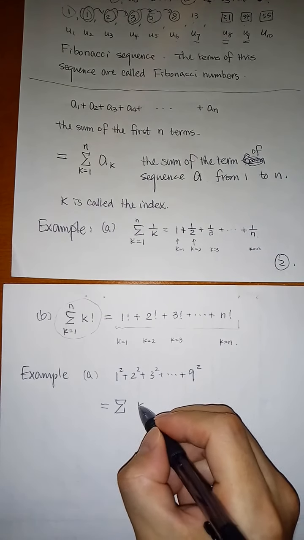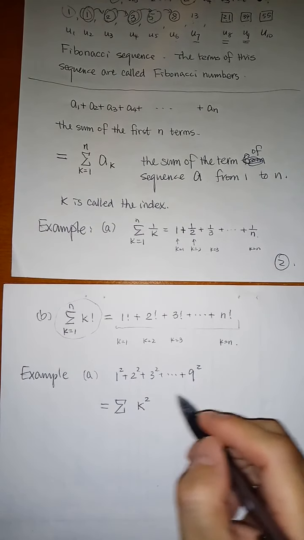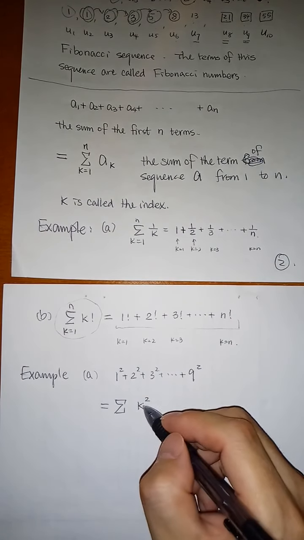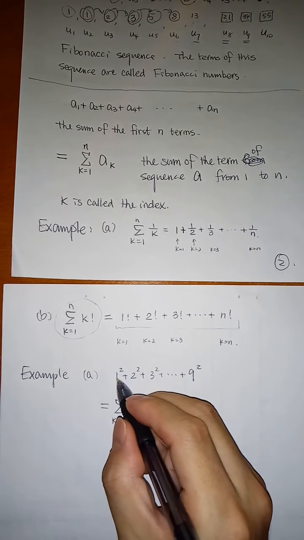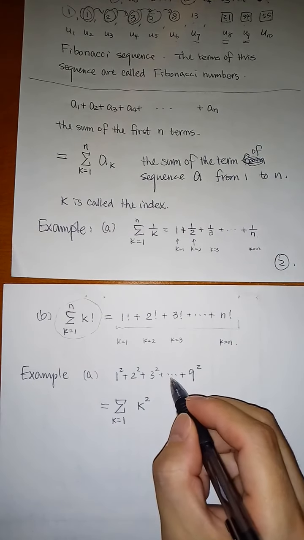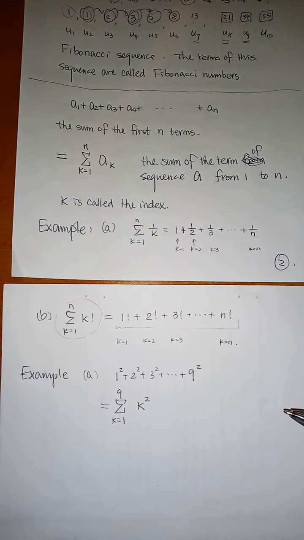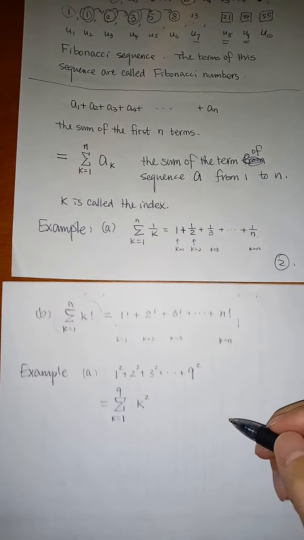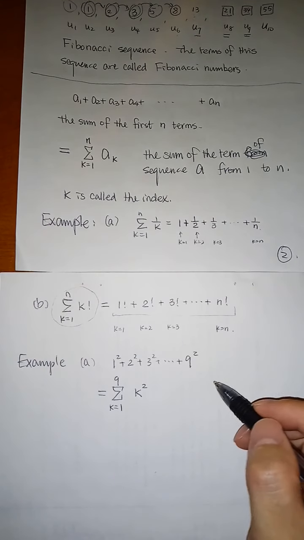So it looks like you square k. 1 square, 2 square, 3 square, 9 square. You square k. And k starts from 1, the first one, and second, third, fourth, fifth, and it stops at 9. Okay, so that is the compact writing for this long stuff.